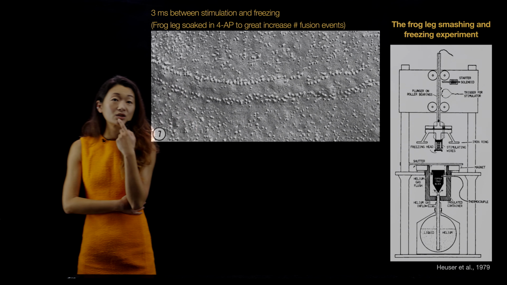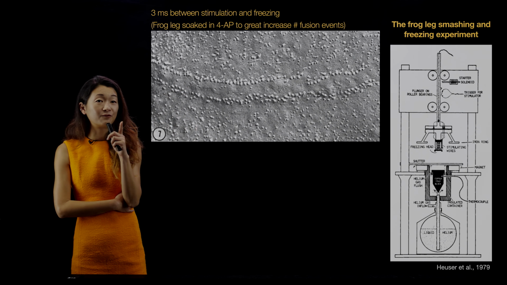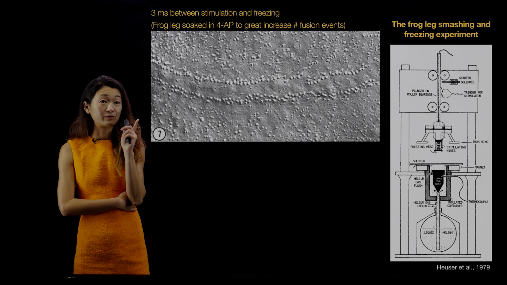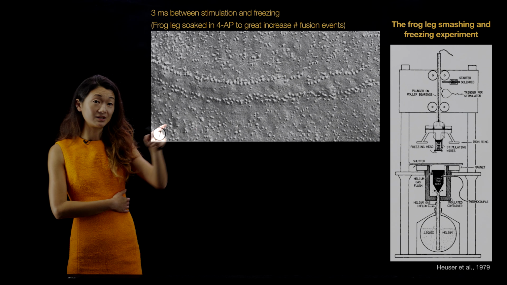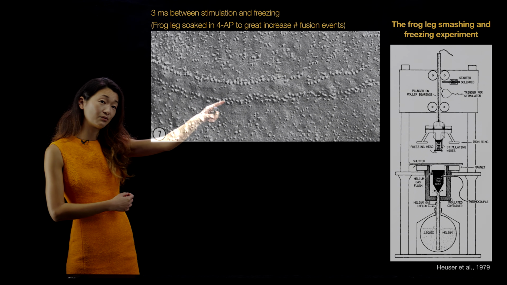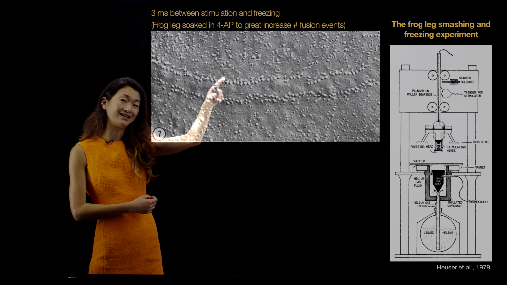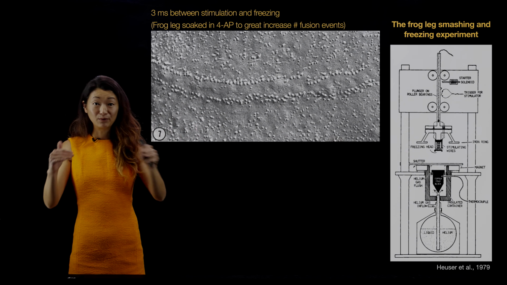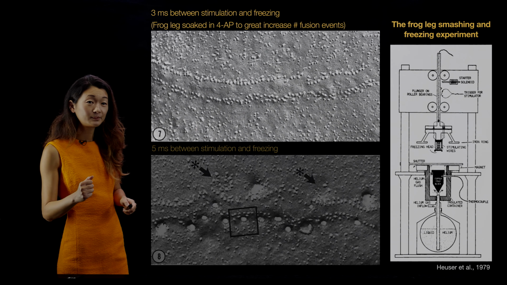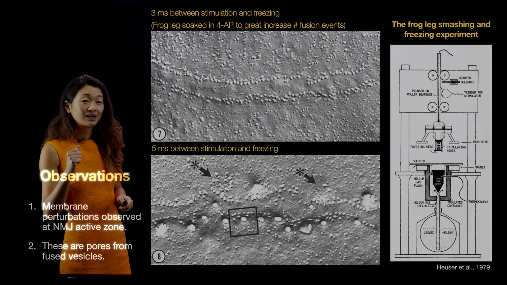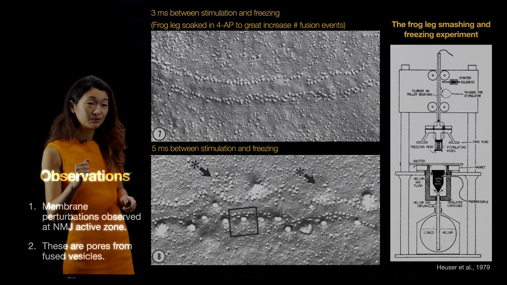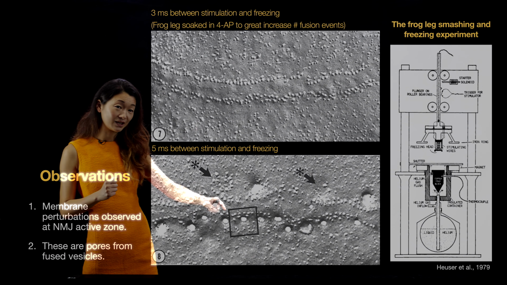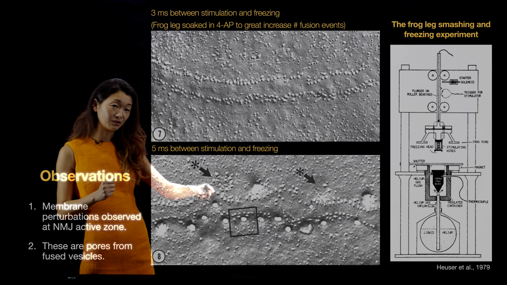So this is what it looks like when the frog is right before the vesicle fusion. You can see that there's a bunch of little dots here, which are the vesicles that are docked at the membrane, but right before they actually fuse. Two milliseconds later, they have now converted into this little pitted shape.